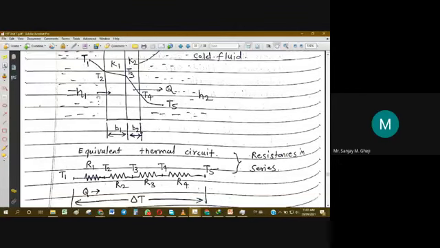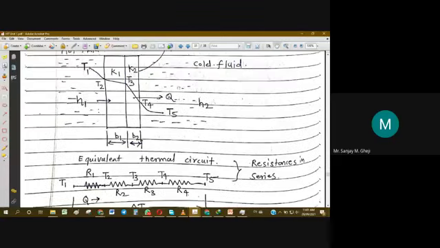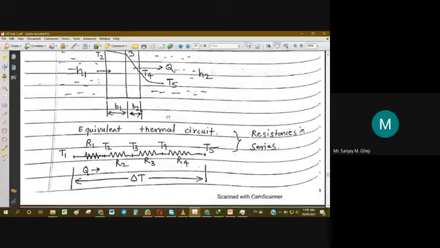So in all, there are four resistances, and these can be arranged like this. R1, the convective resistance of hot fluid, then R2, the conductive resistance of this plate, R3, the conductive resistance of the outer layer of insulating wall, and R4 is the convective resistance for the outside or cold fluid.